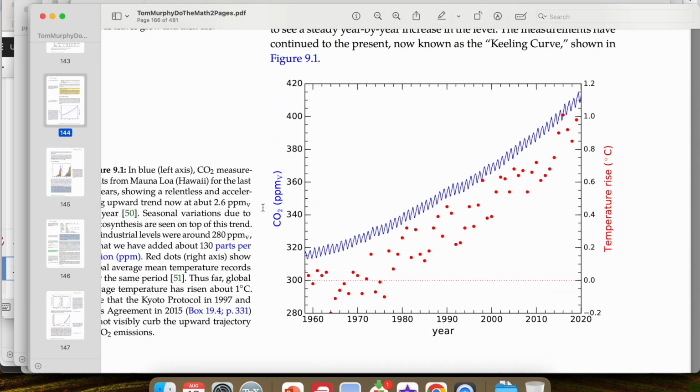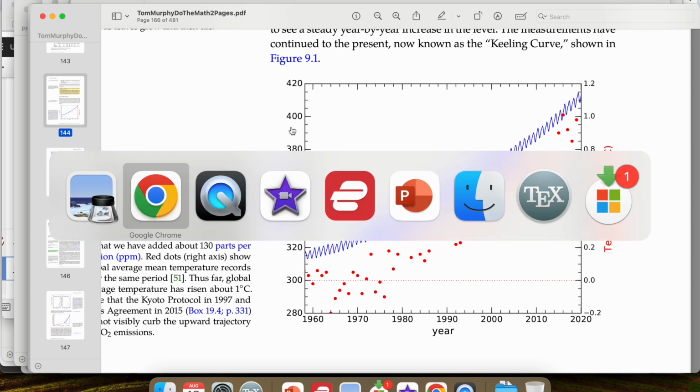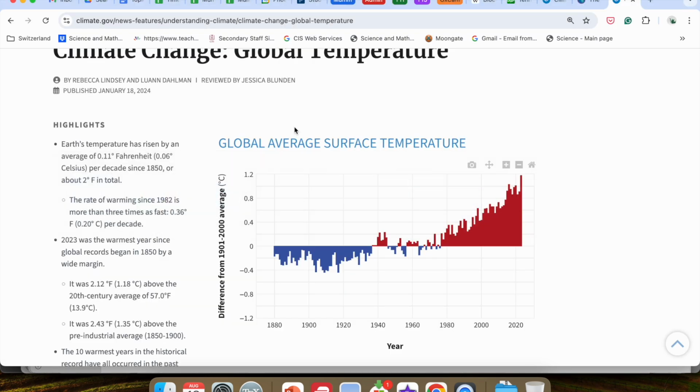That's because we again know the science of carbon dioxide. We know that it's a gas that traps heat, it traps infrared radiation, so that when the levels of CO2 go up, then the surface temperature is bound to go up as well, and you can see how they correlate well together. So yeah, mathematical models play a very important role in our understanding of reality, and that's why it's important to learn about this.